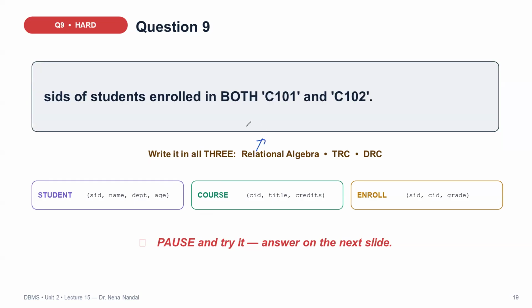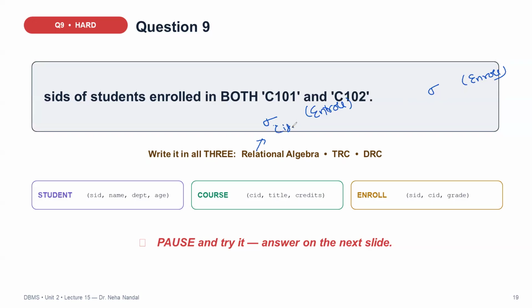So see, in this one, what will happen? The SIDs taking C101 intersected with the SIDs taking C102. So what you have to do? First, you have to perform selection and intersection. So you will select from enroll, because you are targeting enroll. What you are selecting?